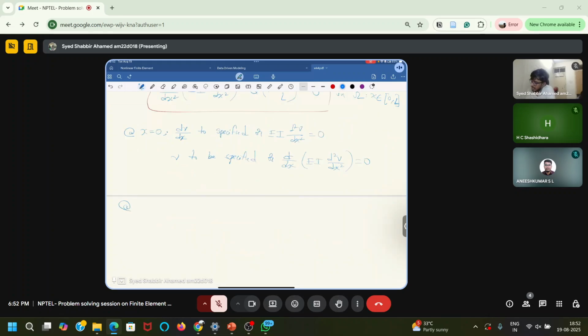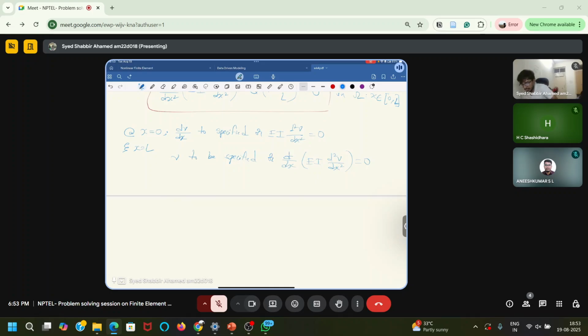At x equals L, dv/dx needs to be specified, same conditions. I will write at x equals 0 and at x equals L.